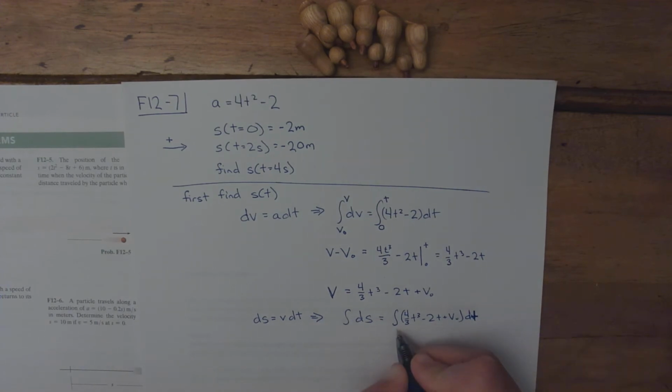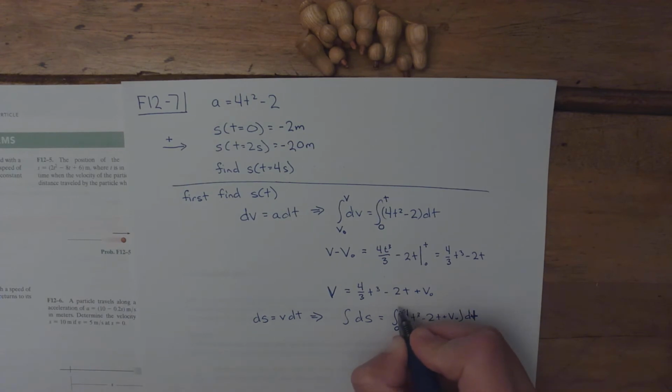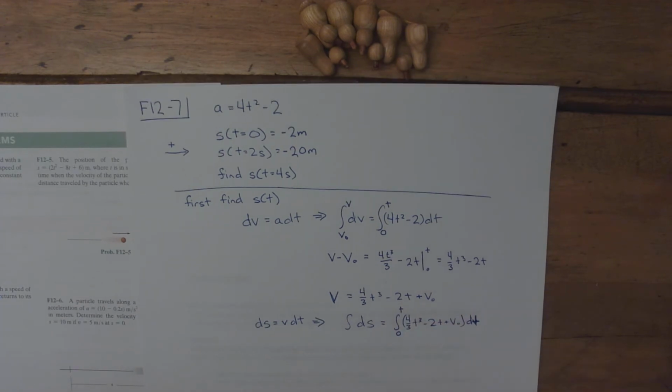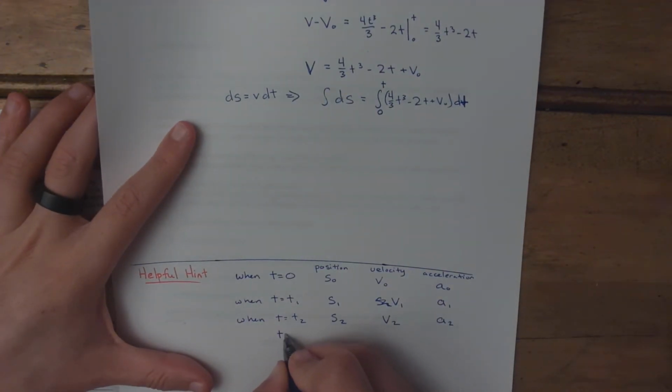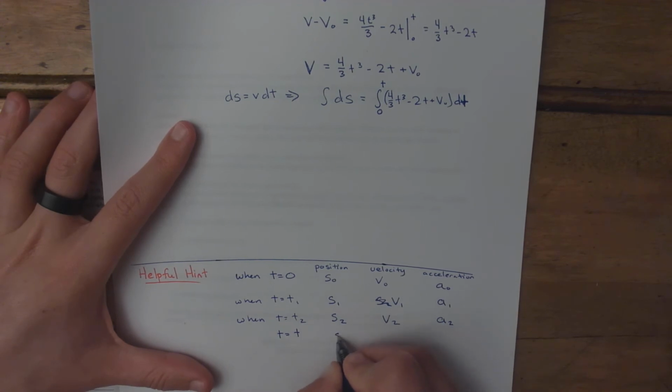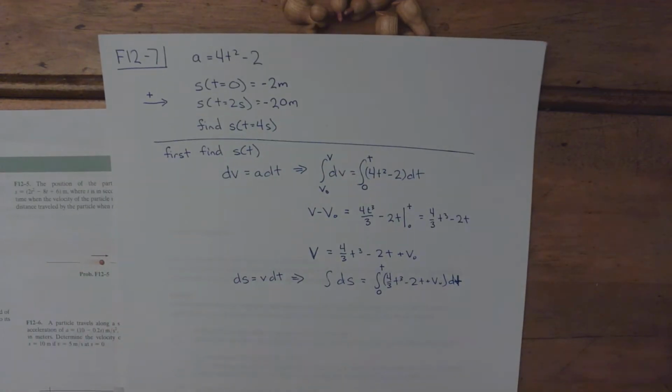The lower limit of integration, I'm going to say, is when time is equal to 0, and the upper limit of integration is just when time is equal to t. We could say this also, when t is just equal to t, the position is s, the velocity is v, the acceleration is a. And that would be an arbitrary time, an arbitrary position, an arbitrary velocity, and an arbitrary acceleration.